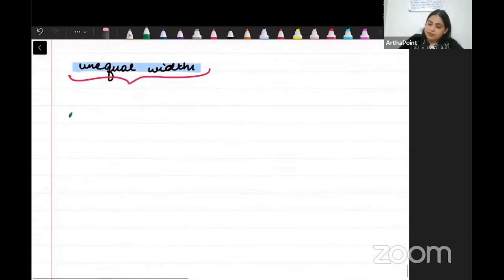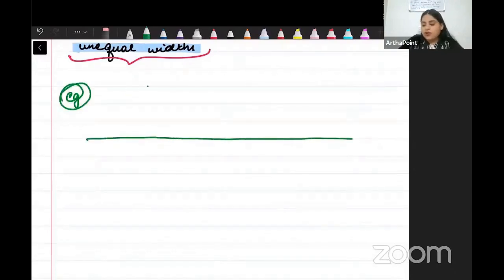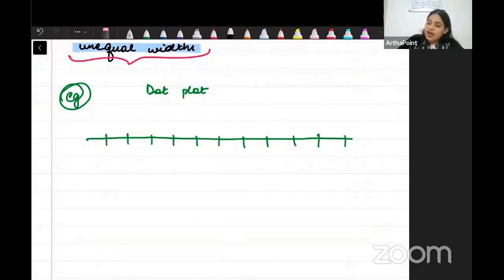Take an example. Suppose beta, your data set is like this. You're given a dot plot, and the dot plot looks like this. I have many small intervals, and I see that I have one frequency here, one here, many frequencies here, and one here.